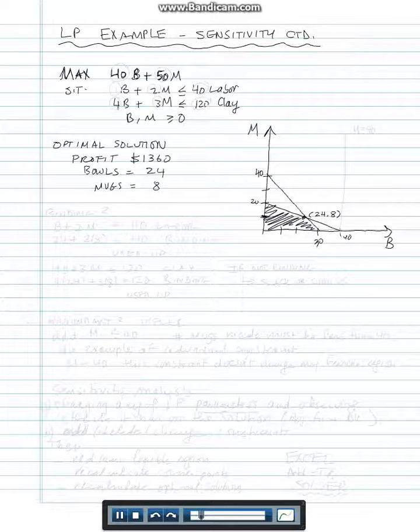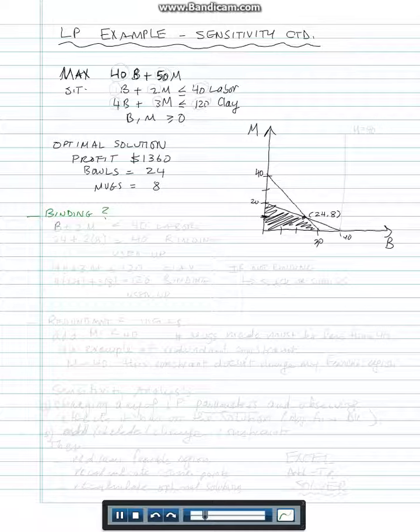We need to check if the constraint was binding. Some terminology here. Which constraint is binding? That means plugging the optimal solution in the constraint and seeing if there is a difference between the left-hand side and the right-hand side.